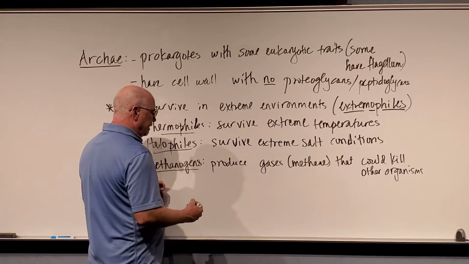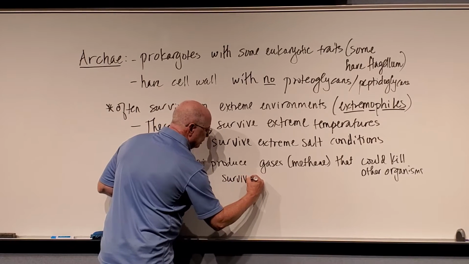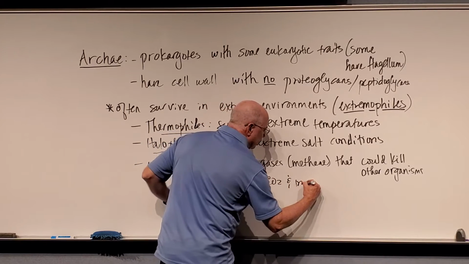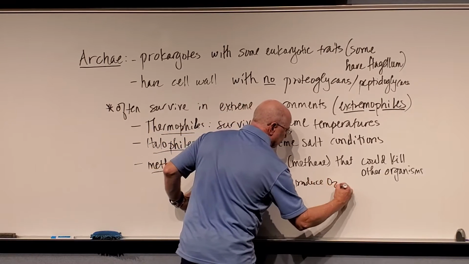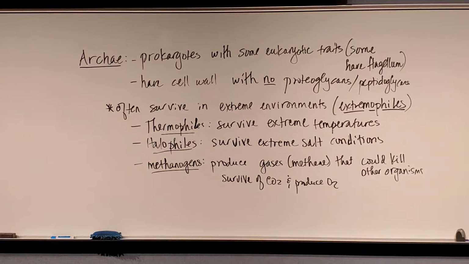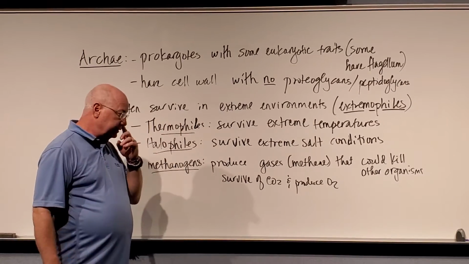One of the things we know about a lot of methanogens is that they can survive off of carbon dioxide and produce oxygen. In many conditions, or in some instances, they live off of carbon dioxide. They can produce oxygen, and as the oxygen dissipates, they can survive.